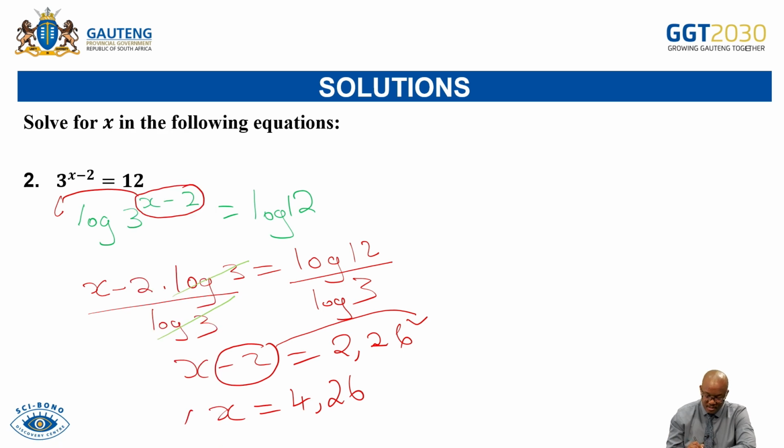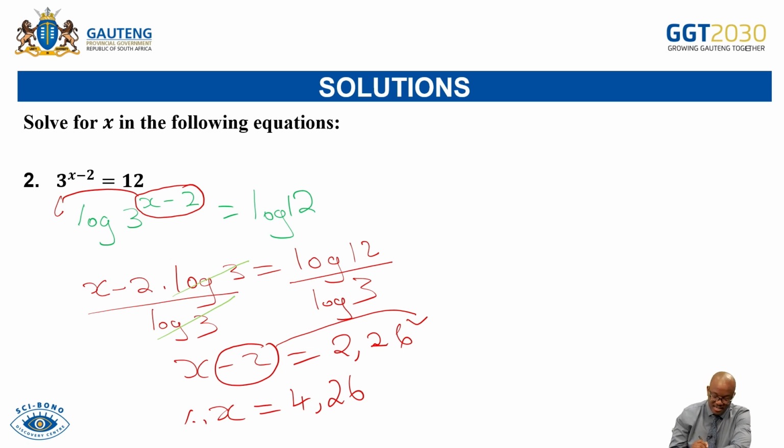Therefore, that is going to be your x. X is going to be 4,26 because 2,26 plus 2 is 4,26. So that's how we deal with the second sub-question of solving the equations.